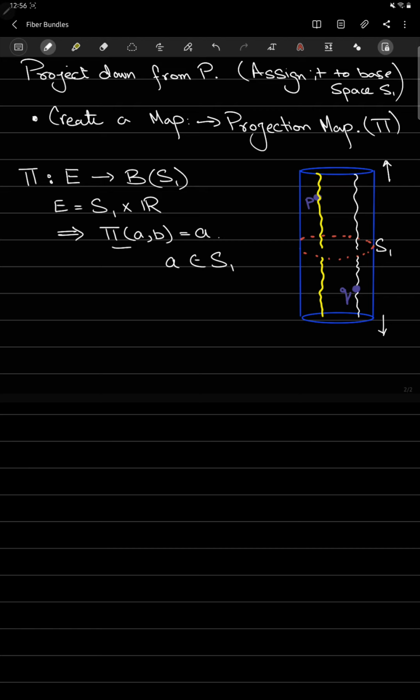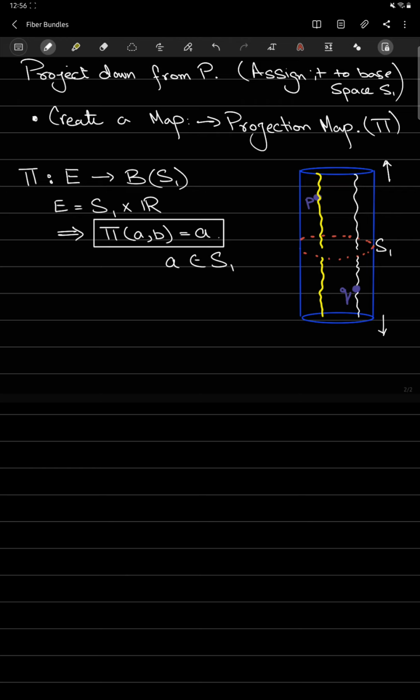So this is the map that we need, right? This is the map that is required, because if you give it the set AB, it would give you the point A, on which this fiber is assigned to the base space S1, right?